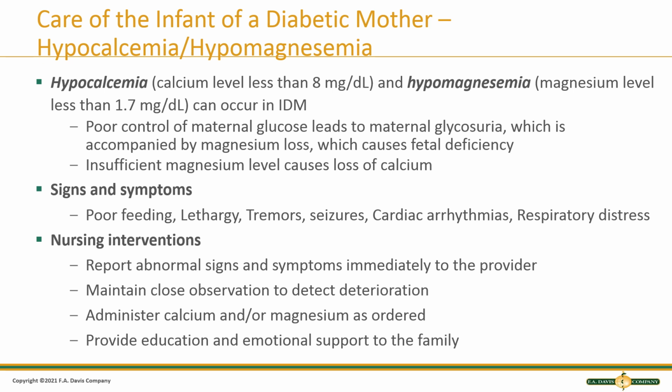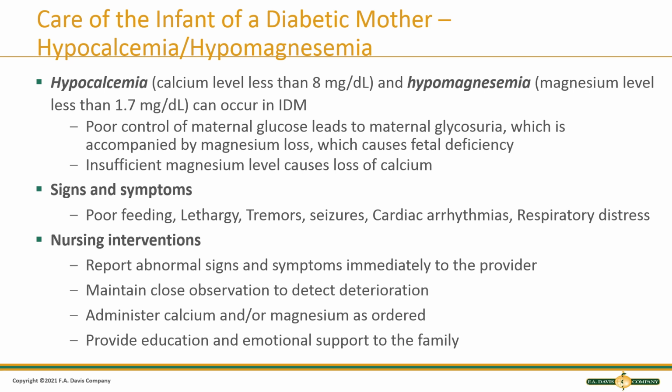Some infants of a diabetic mother might be hypocalcemic or hypomagnesemic. So that's their calcium is less than 8 or their magnesium is less than 1.7. This can occur in the infants of a diabetic mother. The poor control of the maternal glucose causes glycosuria, which is accompanied by magnesium loss and loss of calcium.